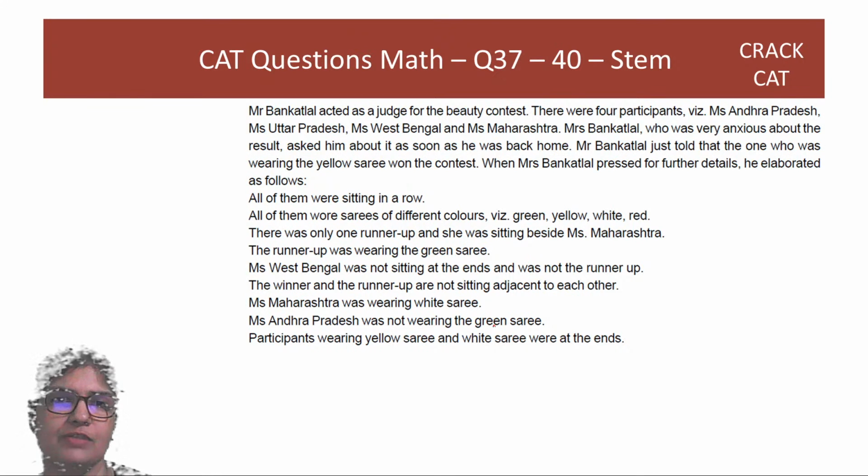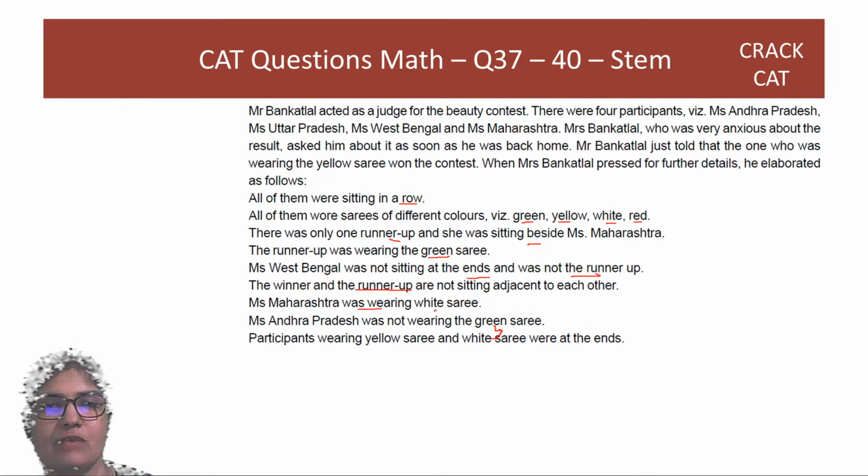When she pressed for further details, he elaborated as follows. All of them are sitting in a row. They wore 4 different color saris. Only one runner-up, and she was sitting beside Miss Maharashtra. Runner-up was wearing green. Miss West Bengal was not sitting at the ends and was not the runner-up. Winner and runner-up are not sitting adjacent to each other.